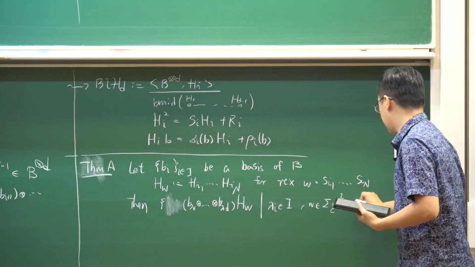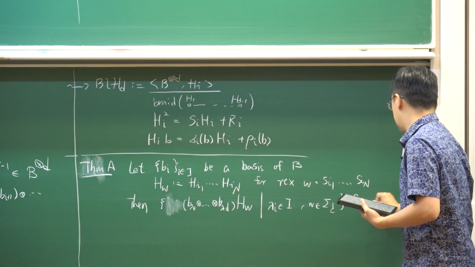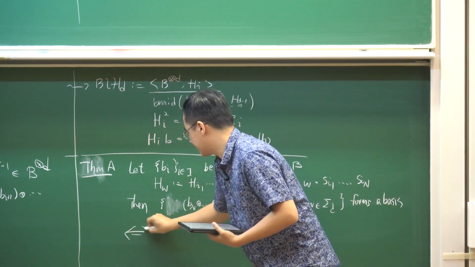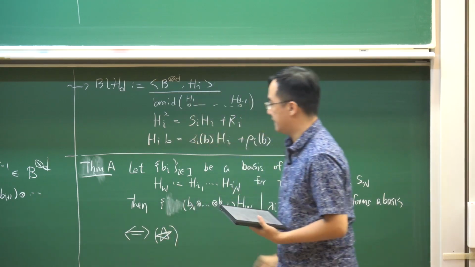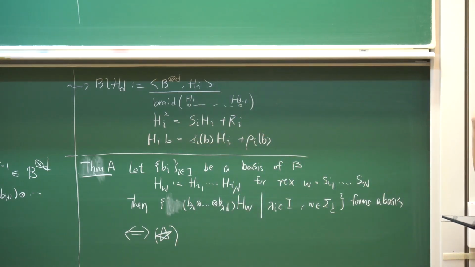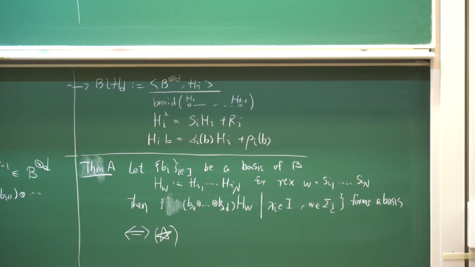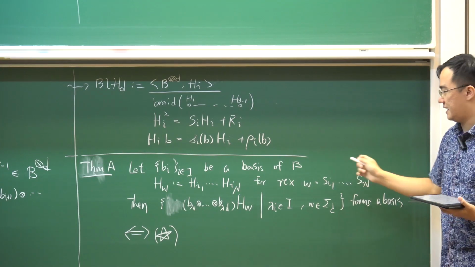So this forms a basis if and only if something holds. This star is going to be a set of conditions on the choice of parameters. So the problem now is finding the parameters such that this has a basis.